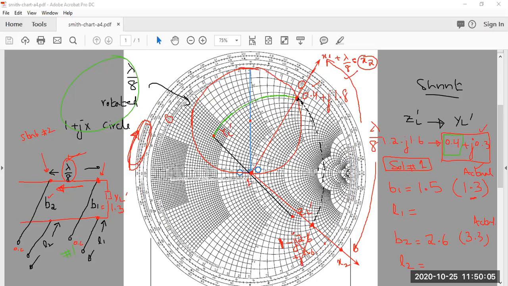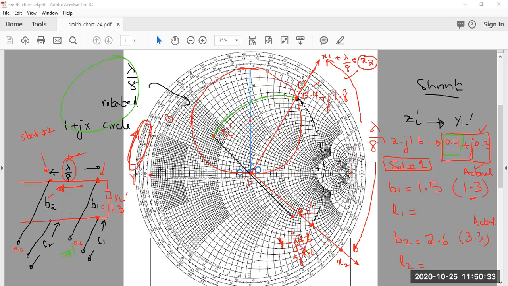In case of impedance, we know that this is the open circuit point and this is the short circuit point in impedance mode. But as always happens, when impedance becomes admittance, it is shifted by 180 degrees. So this is the open circuit point in impedance mode. So when it is shifted by 180 degrees, it means this is the open circuit point.